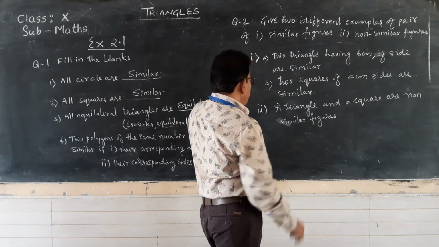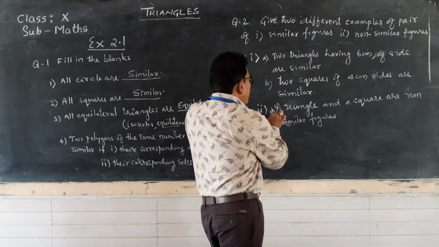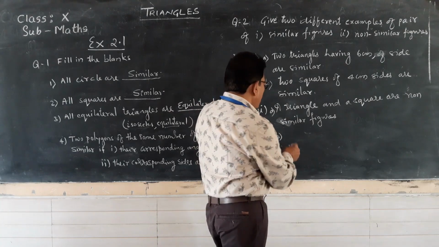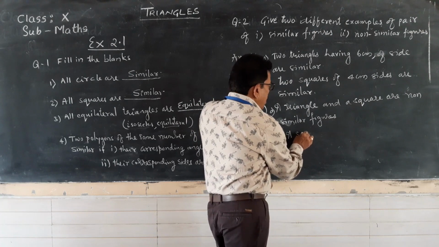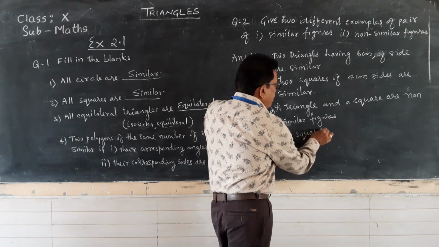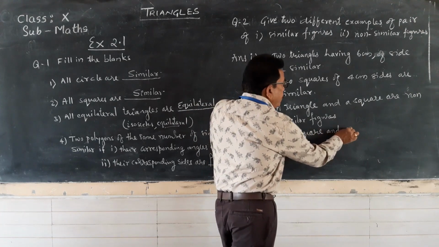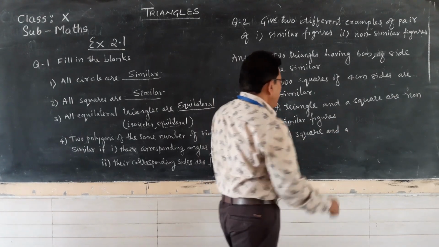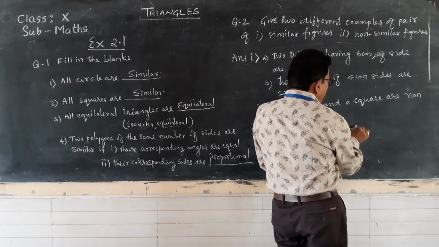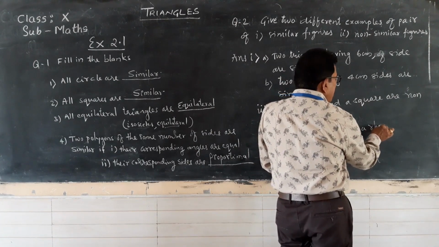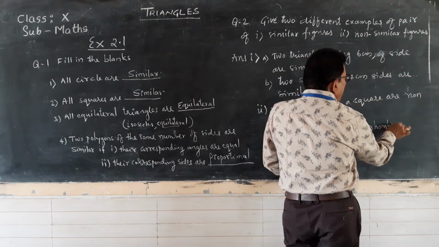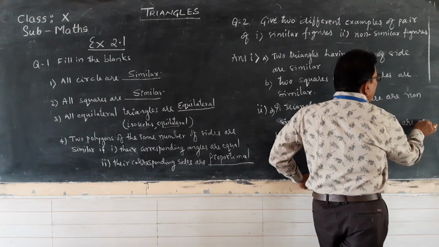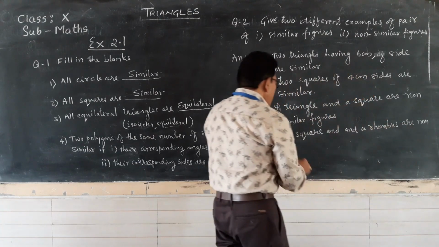Then a second example for this: a square and a rhombus are non-similar figures.